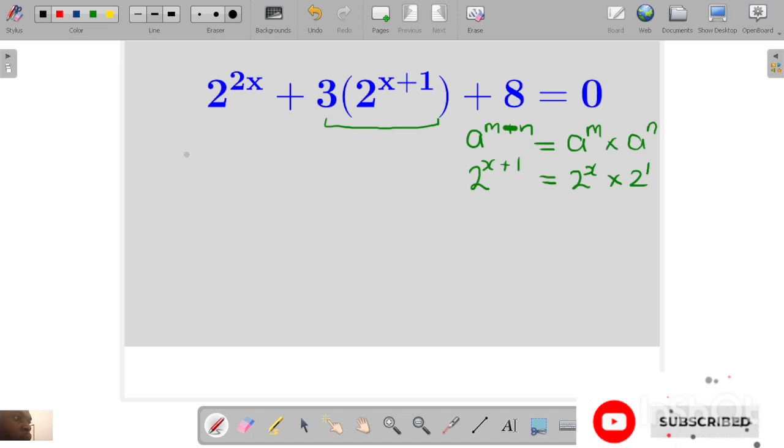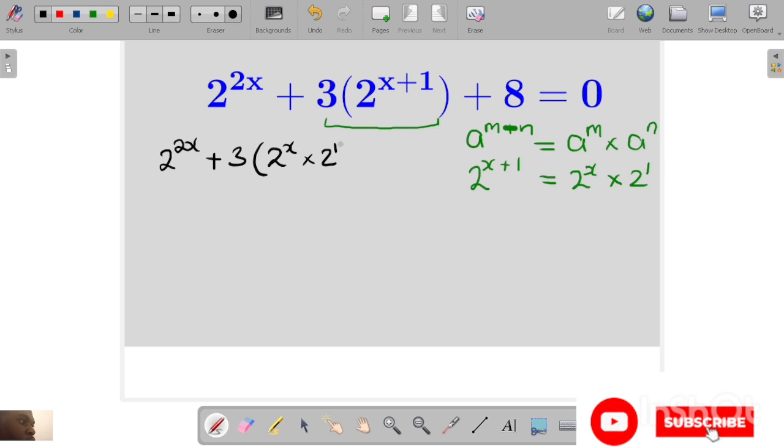Okay, so we are going to have 2 to the 2x plus 3 times 2 to the x times 2 to the 1 plus 8 is equal to 0.